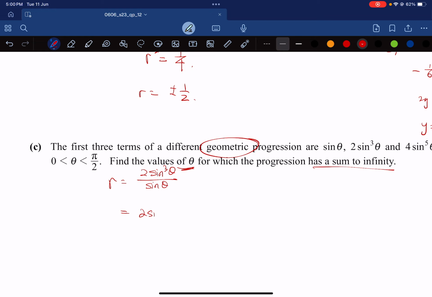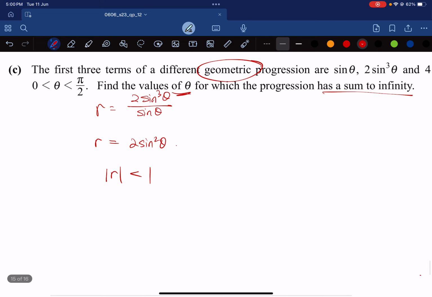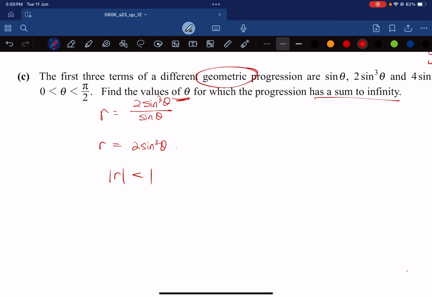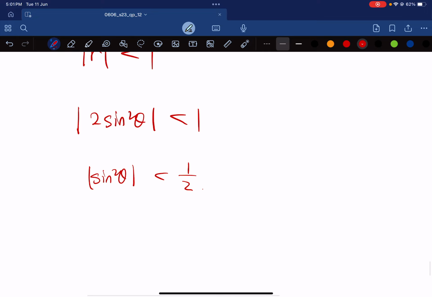So we have 2 sine squared theta. In order for modulus r to be less than 1, the modulus of 2 sine squared theta must be less than 1, so sine squared theta is less than 1 over 2.